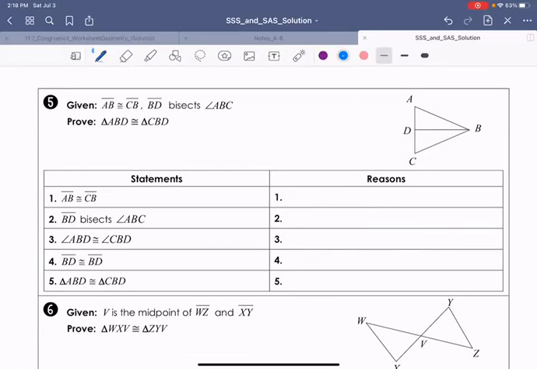Given. Definition of angle bisector. Very good.